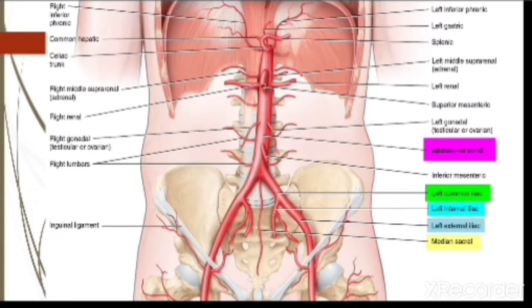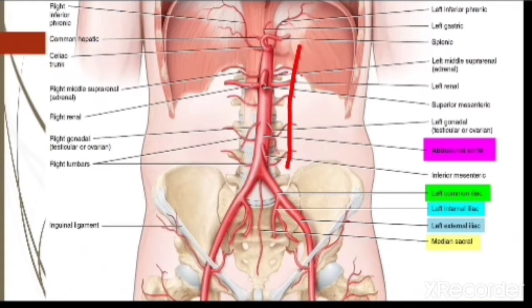So before starting the detailed note on the femoral artery, we should know what is the origin of the femoral artery. Femoral artery is the branch of external iliac artery. Now external iliac artery, from where does it come? Suppose in this diagram we can see this is the abdominal aorta.